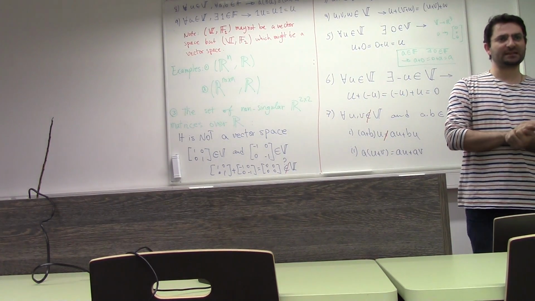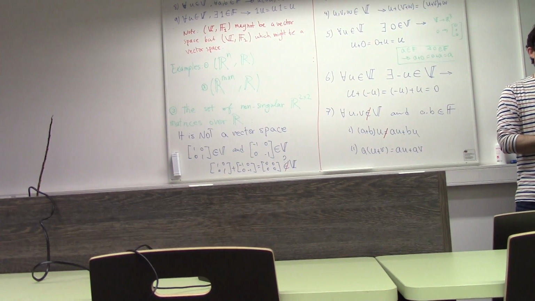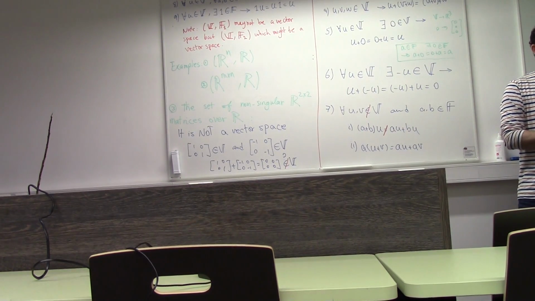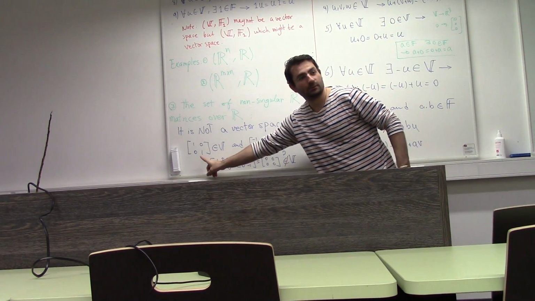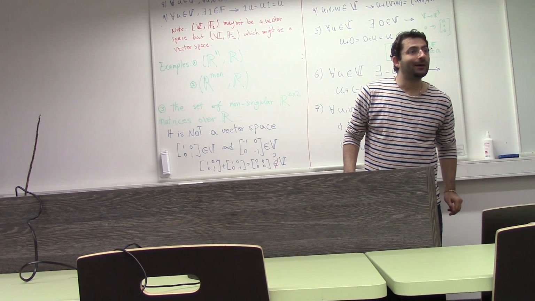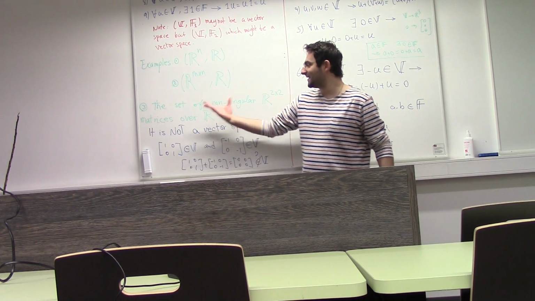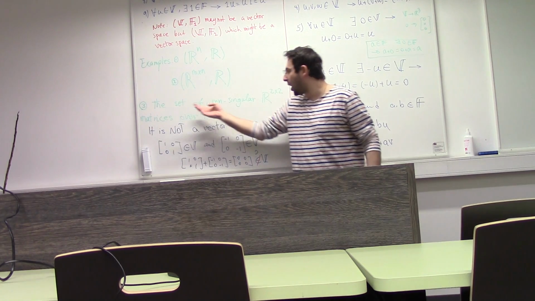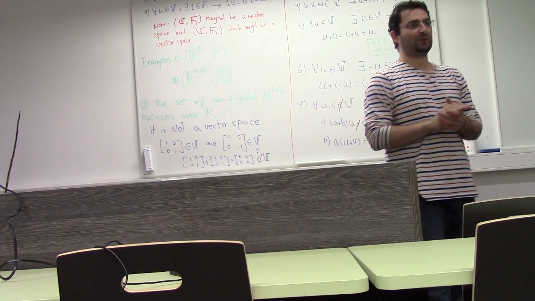So what will happen if C is 0? It will be 0, which is not non-singular. The set of non-singular matrices over R cannot form a vector space.